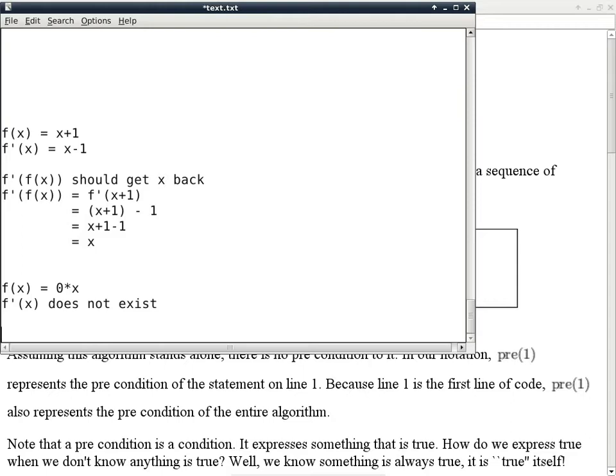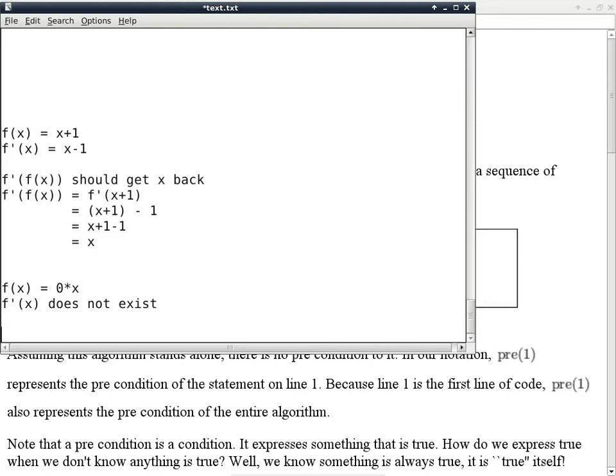Because x could be 1, it ends up with 0. x can be 2, it ends up with 0. x can be anything, it ends up as 0. So if you just give me the end result of 0, I cannot reverse the operation and tell you what x was before the operation. Is that making any sense? So in this case, I don't have an inverse function to reverse it back to a single value.